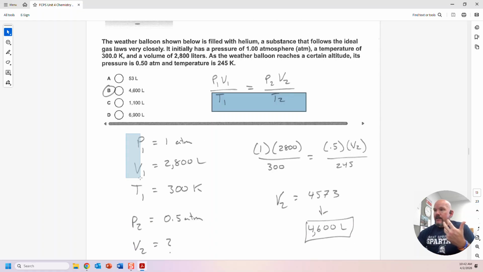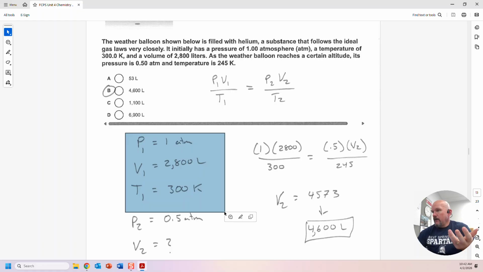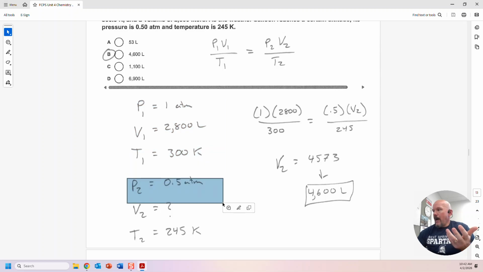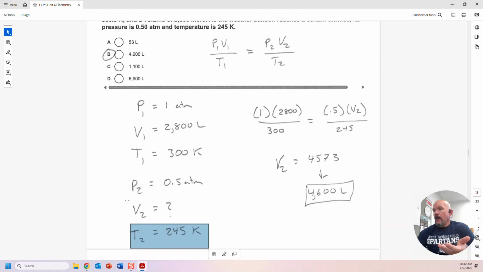So our initial conditions were all there. So P1, V1, T1, okay? P2 was the new atmospheric pressure. T2 was the new atmospheric temperature, right? And we're solving for V2. So we plug our numbers into the combined gas law, and we're solving for this, right? So how are we going to solve for this?